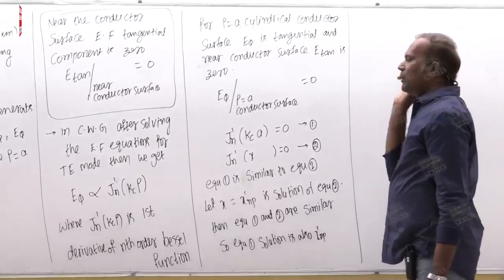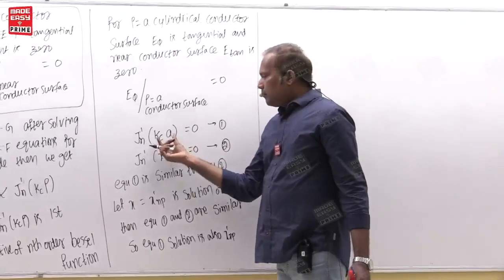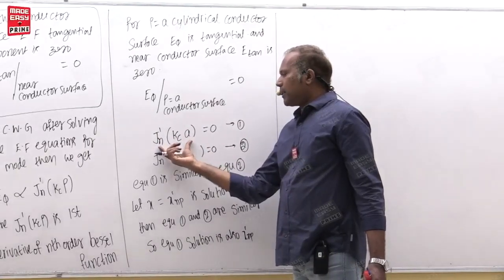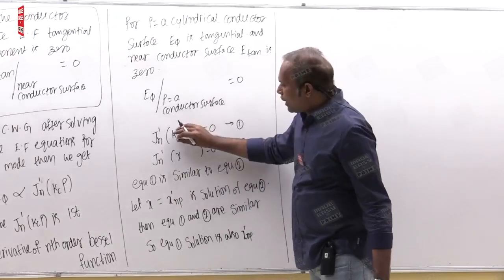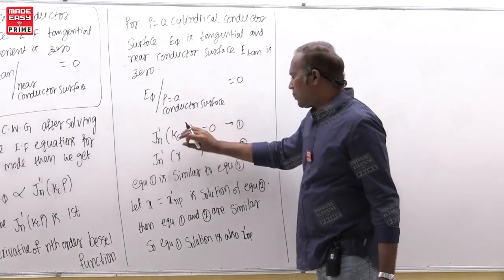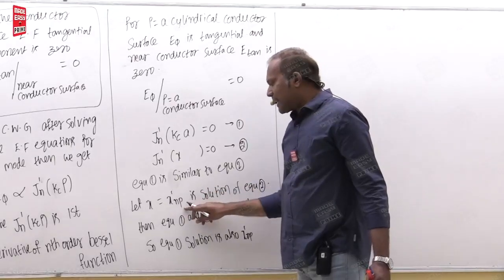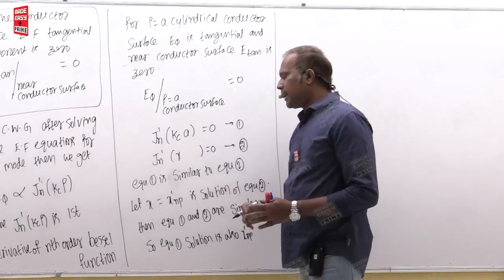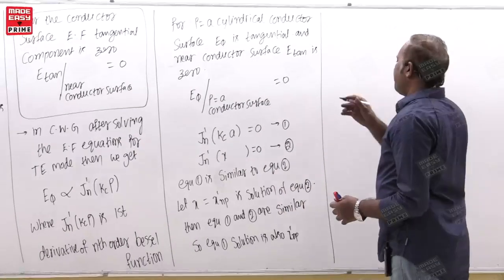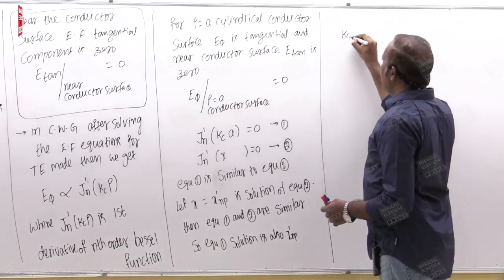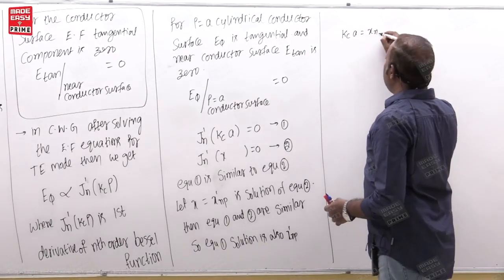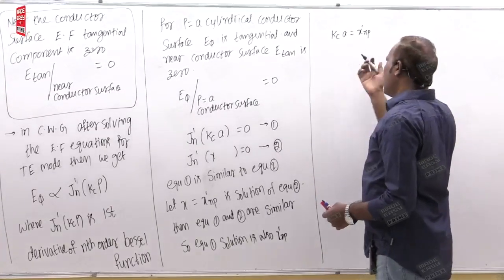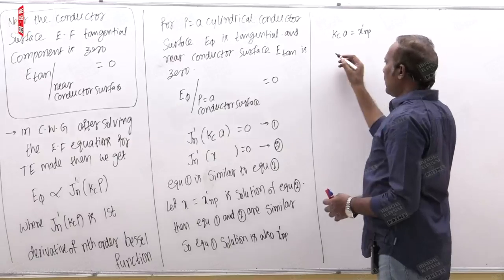That means what I am telling you is that this first derivative of nth order Bessel function is 0 whenever kc into a is equal to x np dash. These x np dash are roots of this Bessel function. So here kc into a is equal to x np dash actually. Of course this is the main formula, we will modify that.